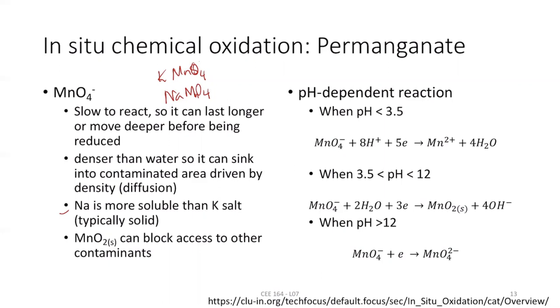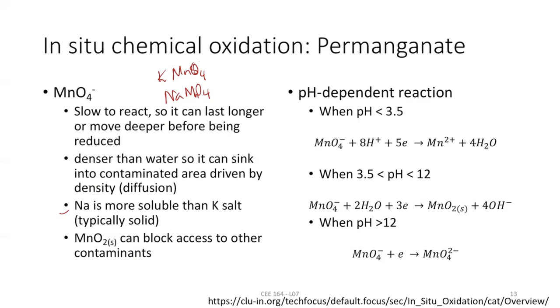One advantage, which can also be a disadvantage, is that it is slow to react. That means it can retain its reactivity during injection, because it doesn't get destroyed by soil. So when you are pumping, it will stay persistent for a longer time.